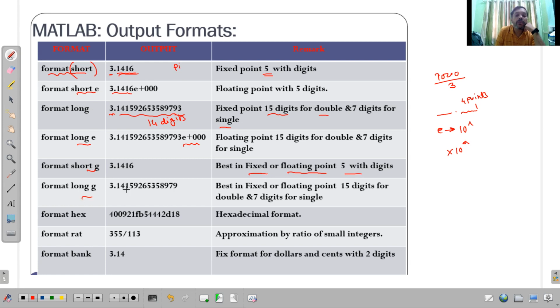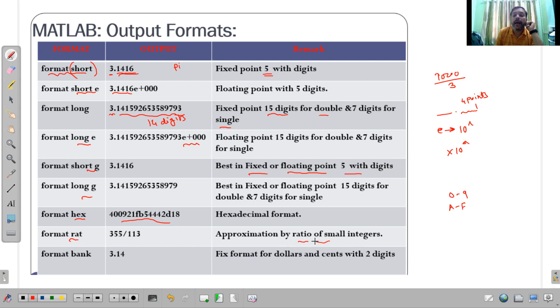Format long g also gives the best fit of the number. Format hex will display the hexadecimal equivalent of the given number. Hexadecimal numbers use 0 to 9 and the alphabets A to F.